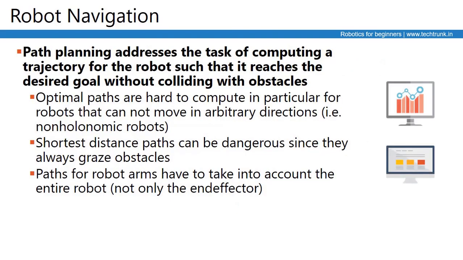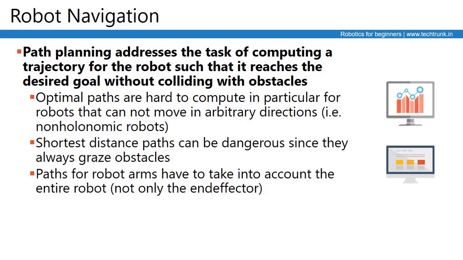And then comes robot navigation, by which we mean the path planning or task planning of a robot. Path planning addresses the task of computing a trajectory for the robot such that it reaches the desired goal without colliding with obstacles. Optimal paths are hard to compute for a robot that can move in arbitrary directions, that is non-holonomic robots.